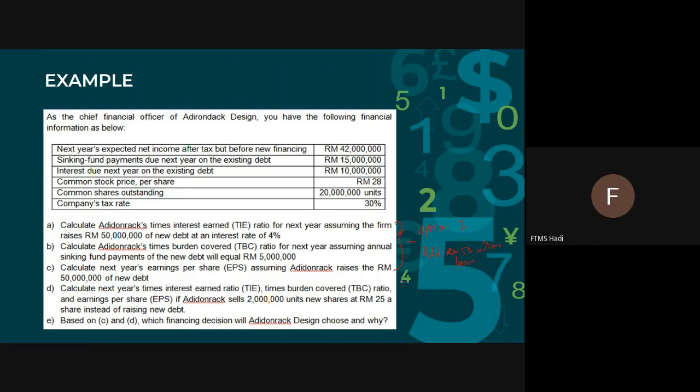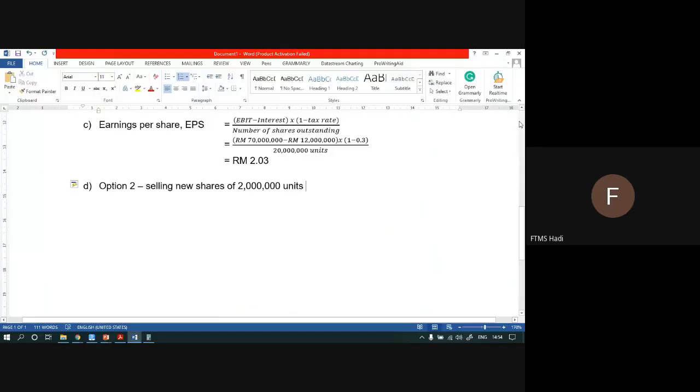For question D, the second option, they sell shares, 2 million units. So you cannot mix up option 2 information with option 1 information, because these two are different choices. Please understand. Let me go straight to option 2.